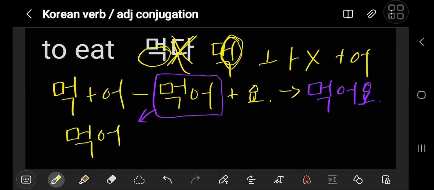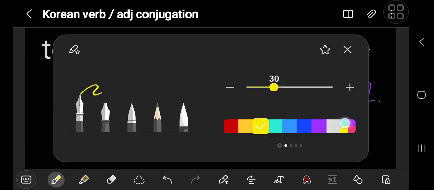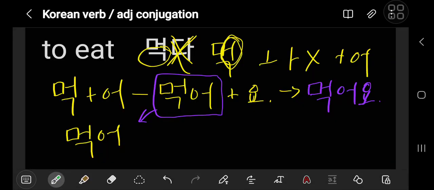With this, 먹어 means eat in low form. Eat, or I usually eat, something like that. So now we want to change it to the past tense. We just add a little bit of extra. Our 쌍시옷, the two 시옷, plus the 어 and 요 for politeness.